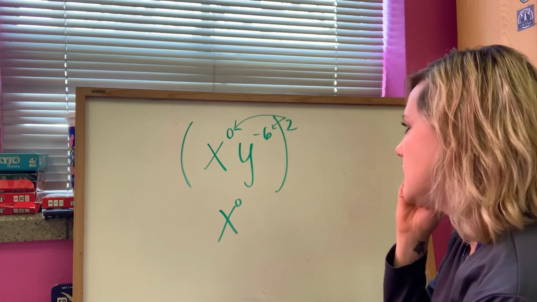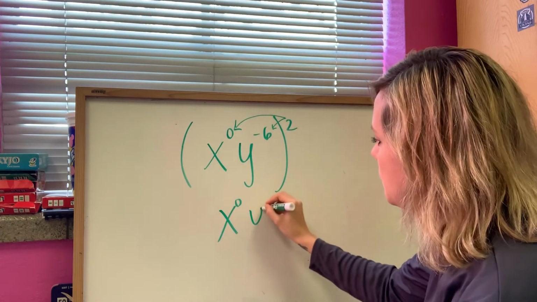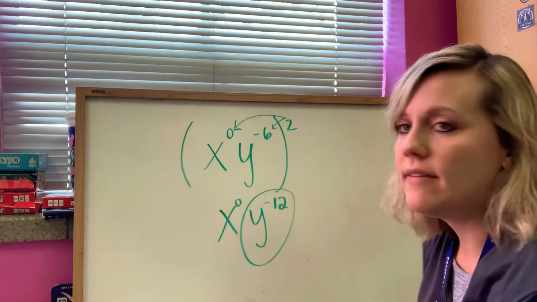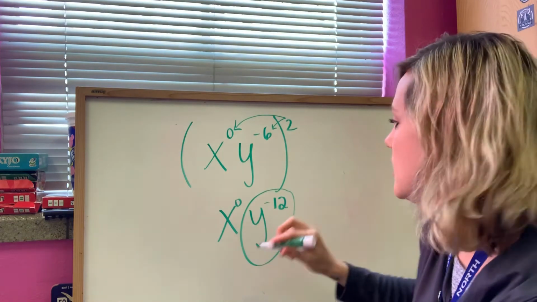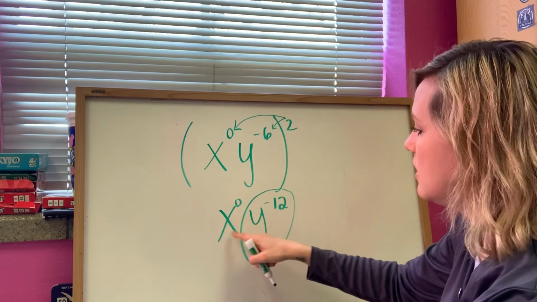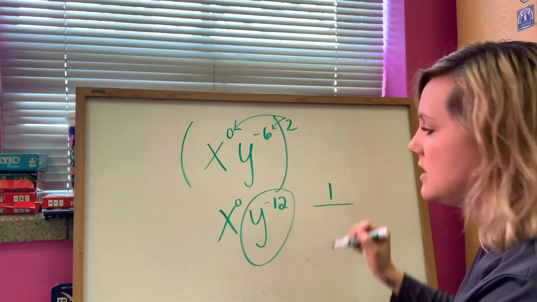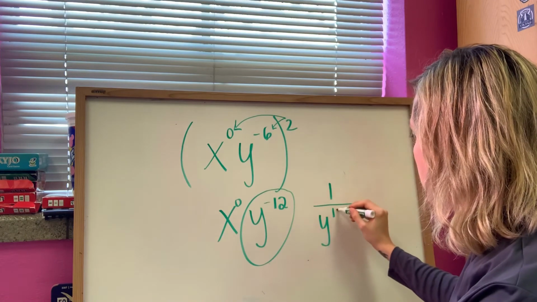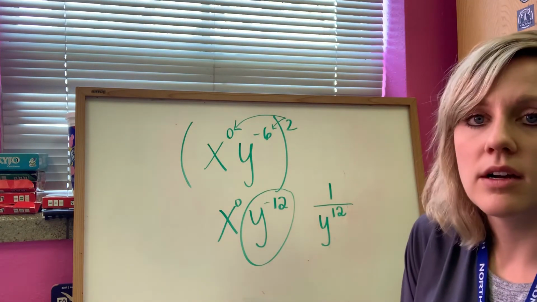And then negative 6 times 2, negative 12. And then remember, negative exponent really means division. So my final answer is 1. X to the 0 power is 1 over y to the 12th power.